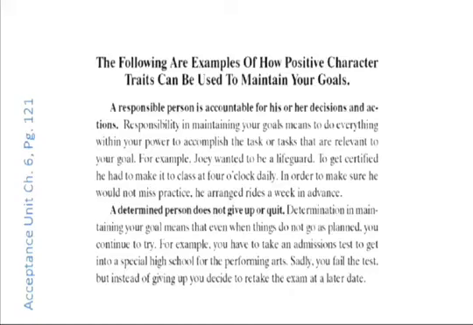It says a responsible person is accountable for his or her decisions and actions, because if you agree to do something, right, you essentially have given your word, one, but now you have made a goal to get that particular thing accomplished, or at least you should if you want to get it accomplished. So they're accountable for their decisions and their actions.